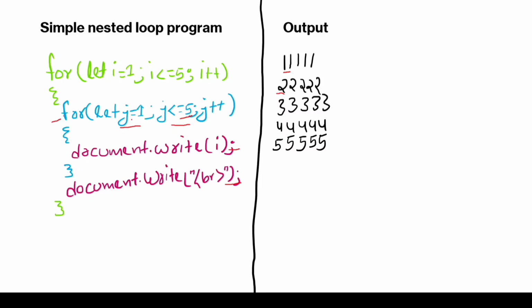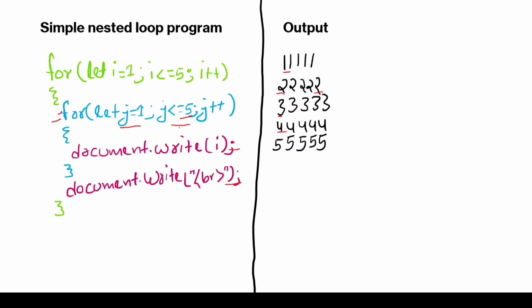It reinitializes the value of j from 5 to 1 again, then checks the condition, then prints i as 2. It goes till 5, and after j equals 6 it terminates this loop again, and after that we have break, it comes to the next line, and here it increments i to 3, then again we reinitialize j equals 1, then we check the condition, then we print 3, and so on till 5, and after that it again sees break.